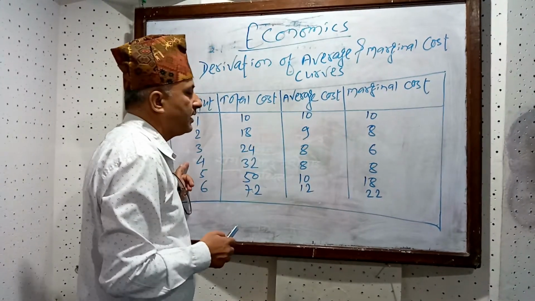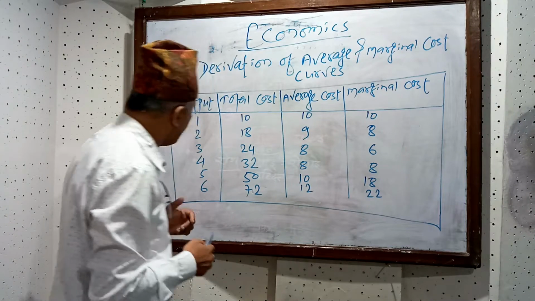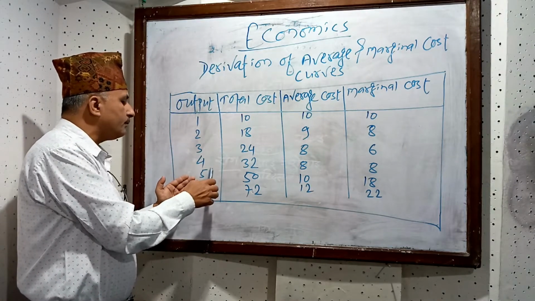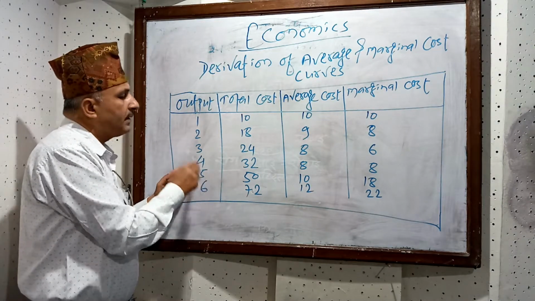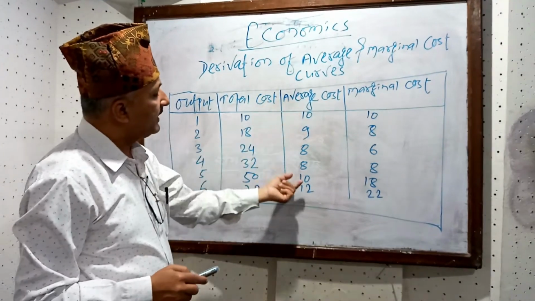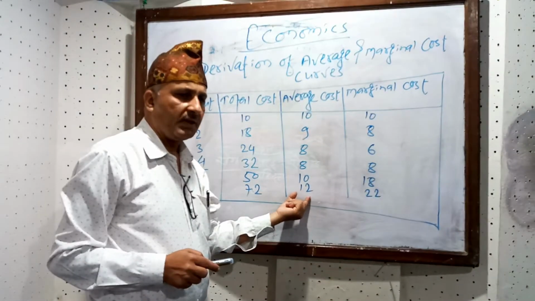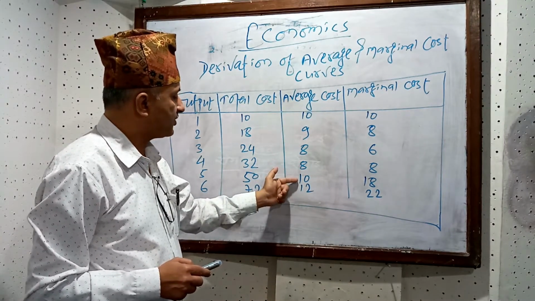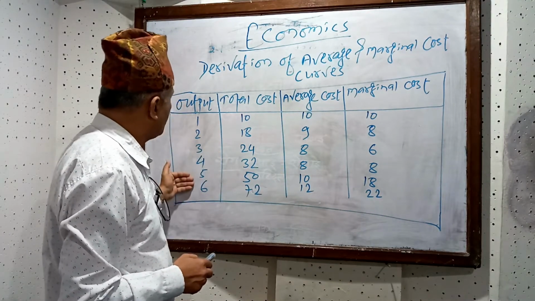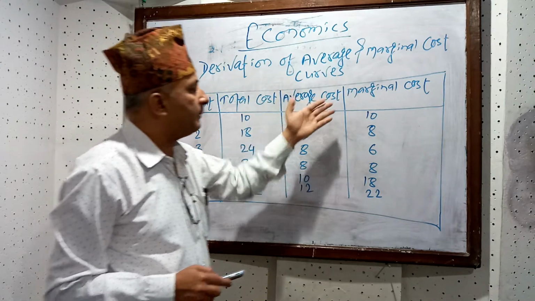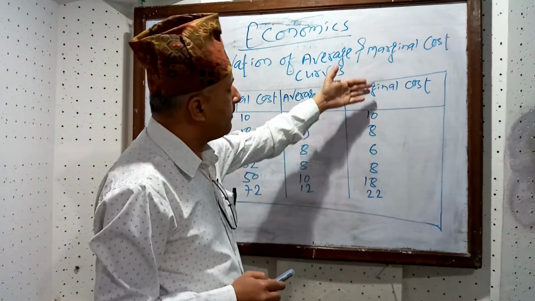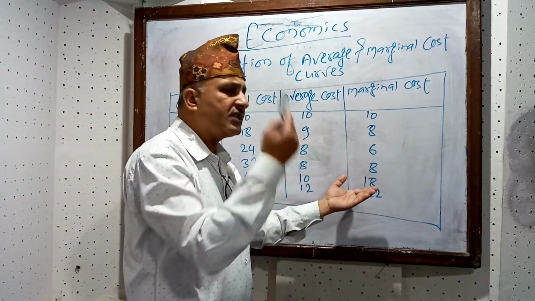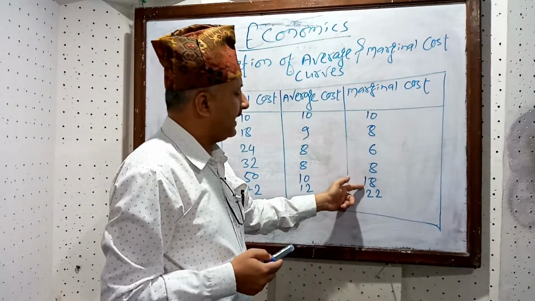Now after the fourth unit of output, in the production of the fifth unit, average cost starts increasing and it has become 10. The value of average cost becomes 10 when the fifth unit of output is produced. But when the fifth unit is produced, marginal cost has already started to increase and has become 18.